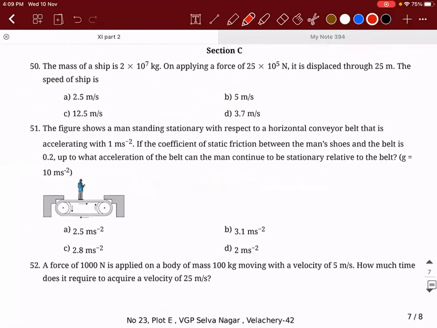50th. The mass of a ship is 2 into 10 power 7 kilogram. On applying a force of 25 into 10 power 5 Newton, it is displaced through 25 meters. The speed of the ship is? So acceleration is how much? They have given displacement, force and mass, so acceleration is to be found.